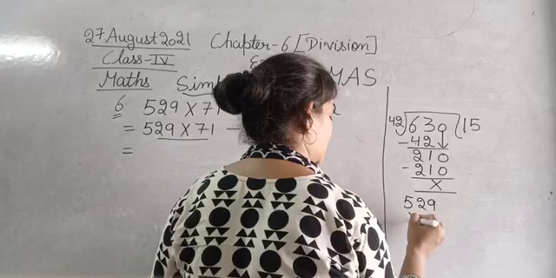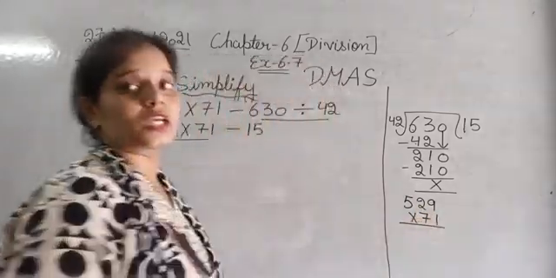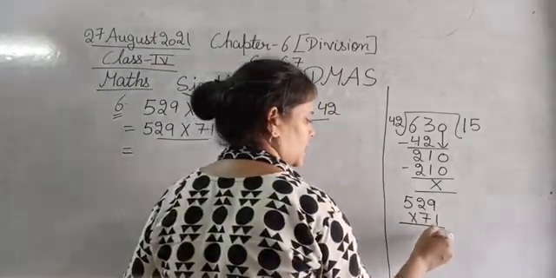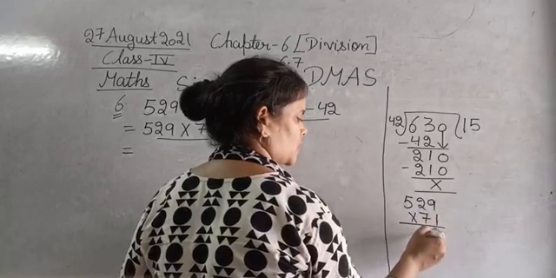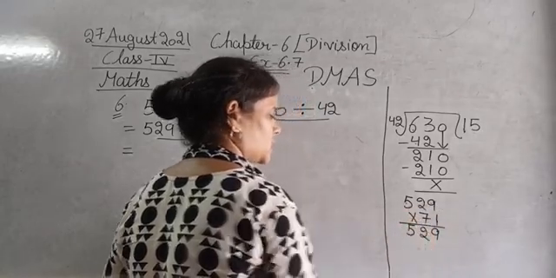529 multiply 71. 1 9s are 9. 1 2s are 2. 1 5s are 5.